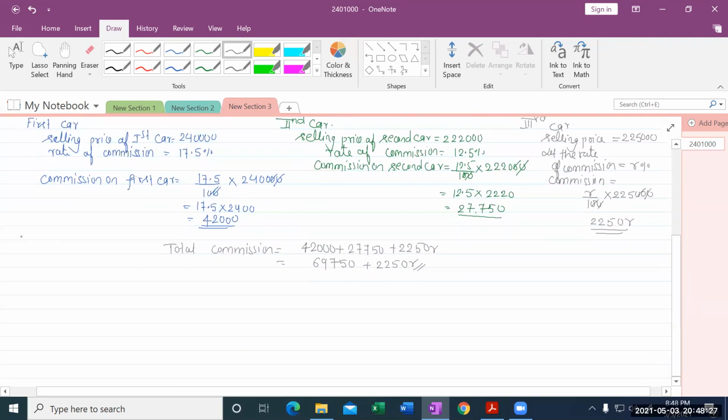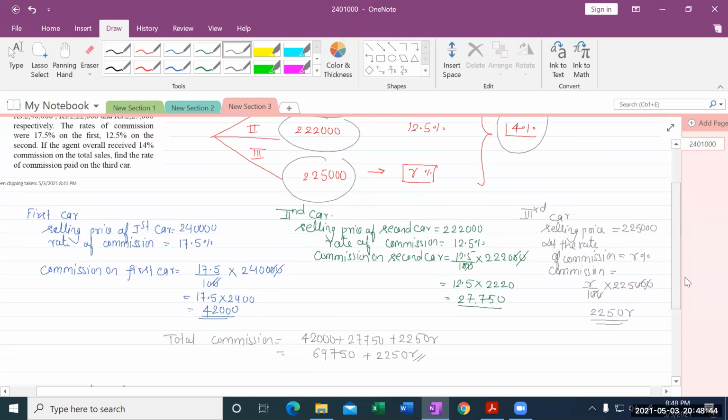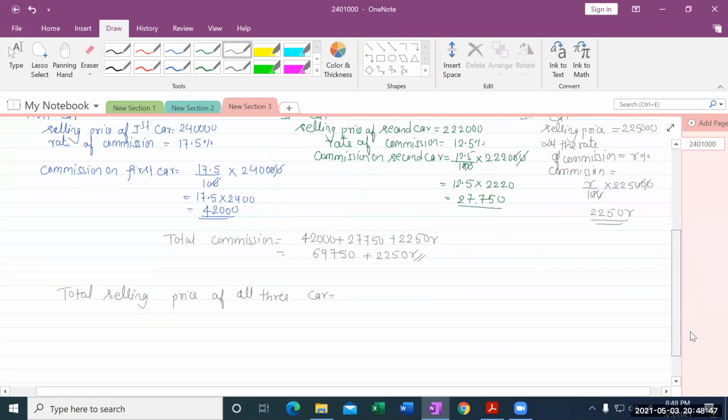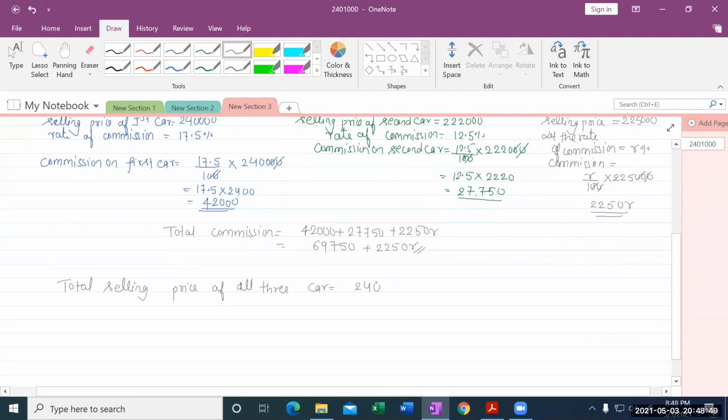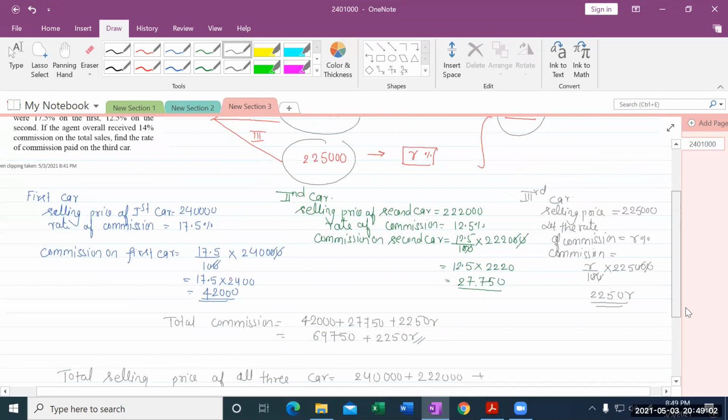So I will write the total selling price of all three cars: 2,40,000 plus 2,22,000 plus 2,25,000.